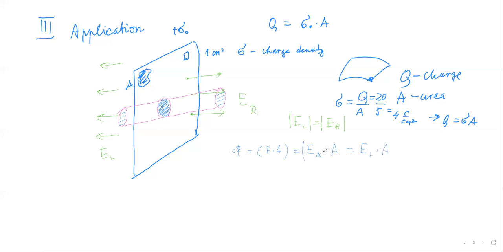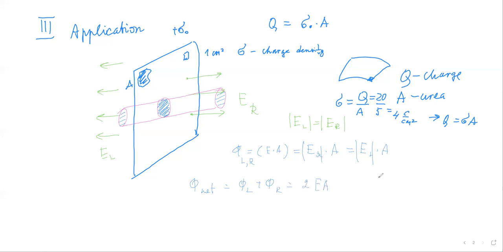I'm going to put absolute value here because as vectors they are going in opposite directions, but the magnitude is going to be the same. So that's going to be the flux through the left and through the right part. I'm going to label it left and right. So net flux is just going to be double of these left and right fluxes, right? So net is flux left plus flux right, which is going to be 2E times area.